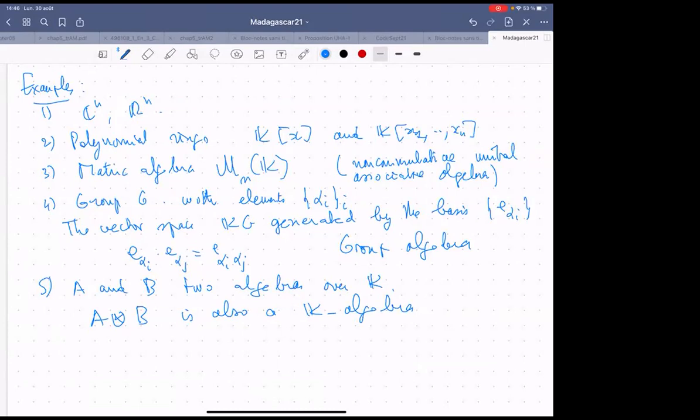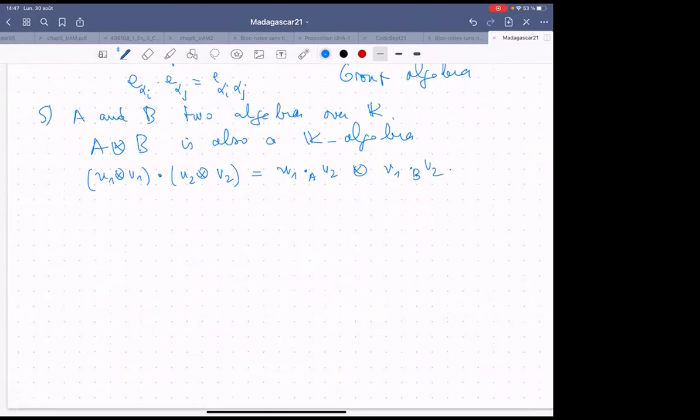And here the multiplication, if I take elements u1 tensor v1 times u2 tensor v2, is u1 dot_A u2 tensor v1 dot_B v2. Okay. Then we can construct by tensoring a lot of new algebras.